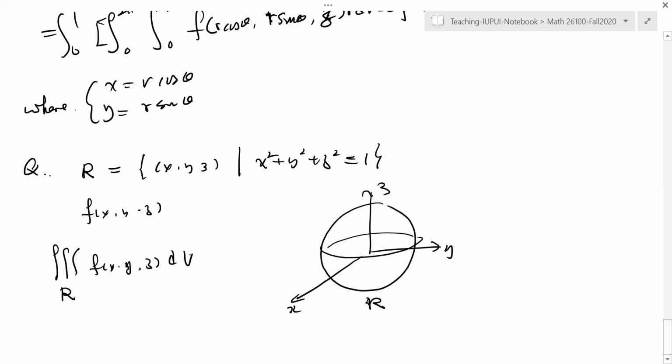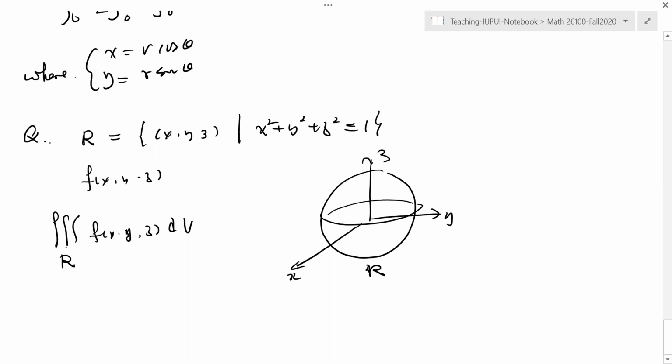Are we just setting this up? Yeah, we're trying to set up the iterated integrals for these triple integrals.